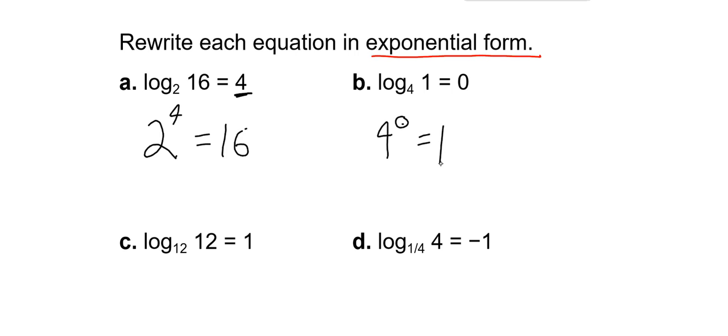On C, it's log base 12 of 12 is equal to 1, or 12 to the first power is equal to 12. And here, log base 1/4 of 4 is negative 1. So I can say that 1/4 to the negative 1 power is equal to 4.